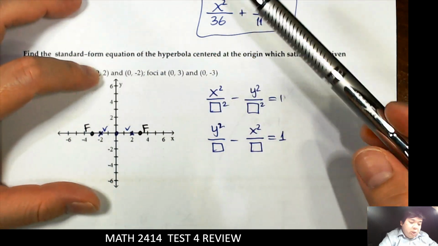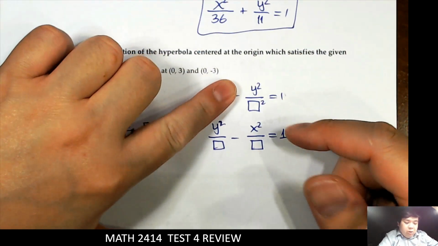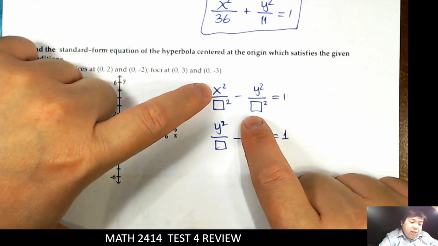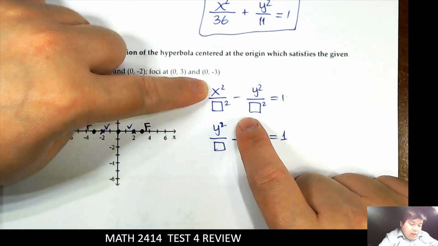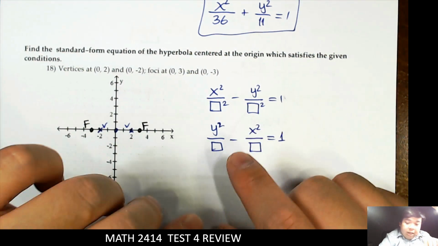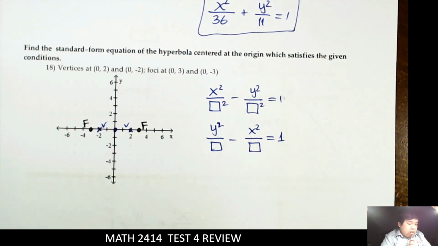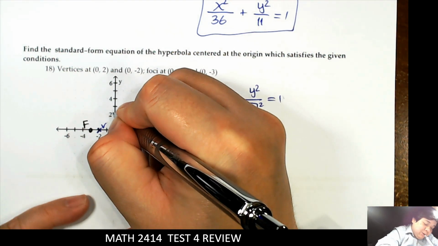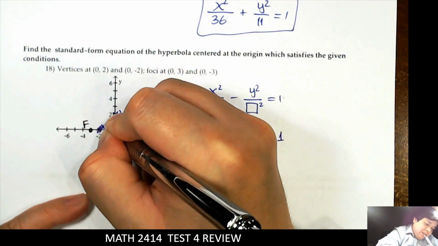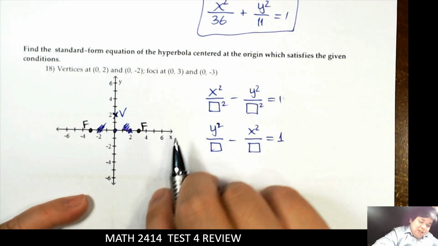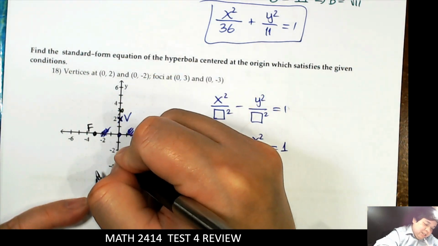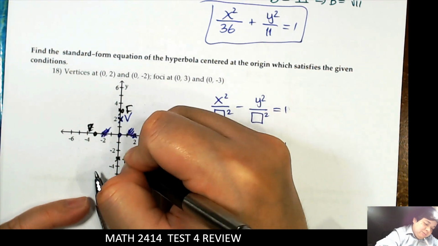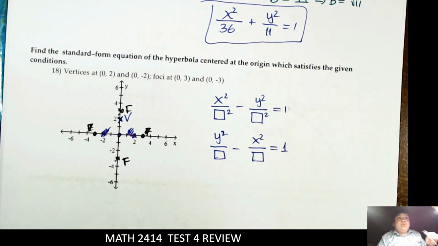Sorry, I plotted that incorrectly. Let's do that again: 0 and 2, 0 and -2. The vertex should have been here, and 3 and -3. So that's a good thing that we check.